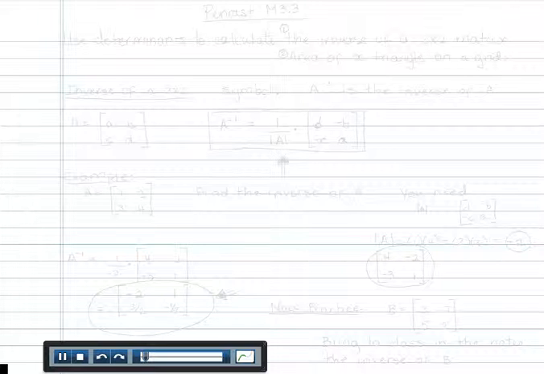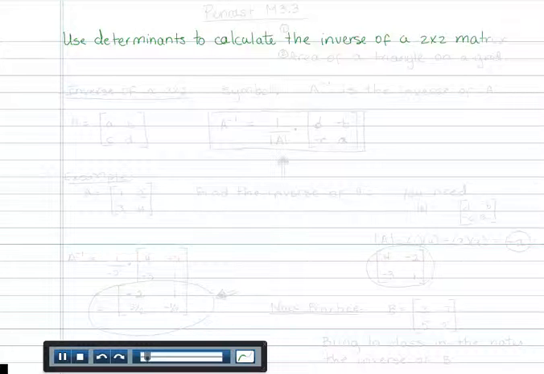So this pencast will be to use determinants to calculate the inverse of a 2x2 matrix. And so that'll be the first thing we'll calculate. And the second thing will be the area of a triangle on a grid.